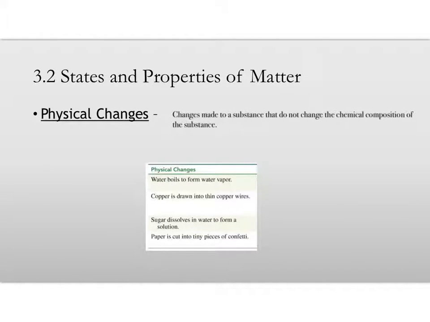Physical changes are changes made to a substance that do not change the chemical composition of the substance. And there's a couple of examples in there: water boiling to form water vapor or steam. Copper is drawn into thin copper wires. That is a property called ductility, which is similar to malleability, but you can form a duct out of it.